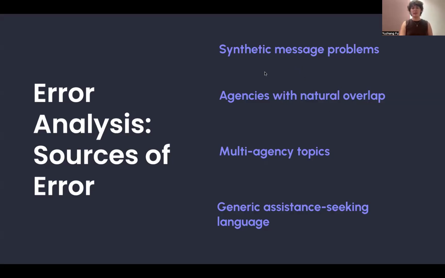The first was synthetic message problems. Some agencies in the data set have natural overlap that a human annotator could also make mistakes with. There are some topics that span multiple agencies, and all of the messages used very generic assistance-seeking language that confused the model.